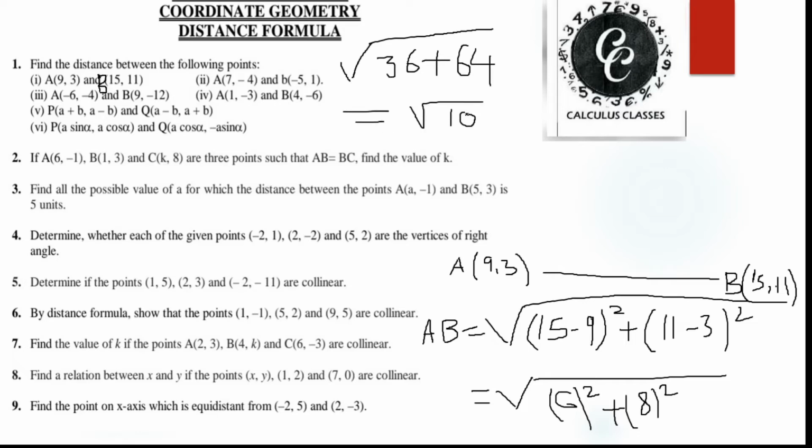Square root of 100 will be 10. The unit of distance will be as per the given units of the points, so I wrote 10 units. I hope you understood well.